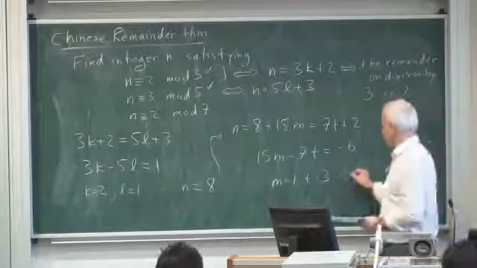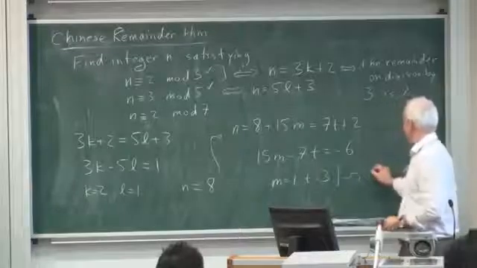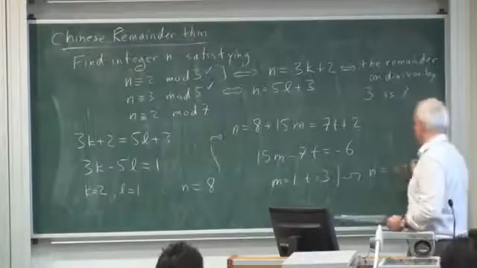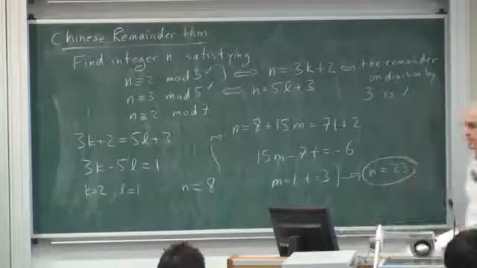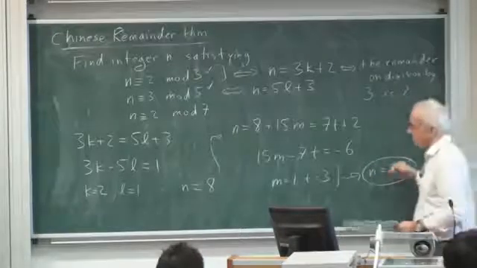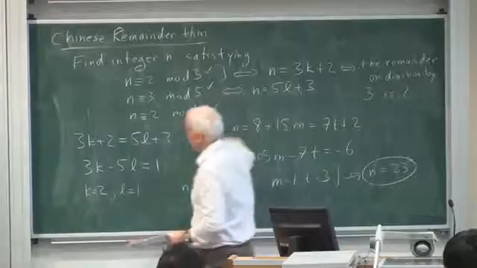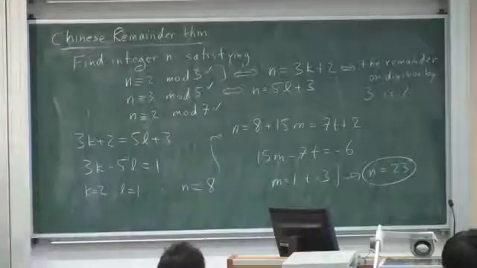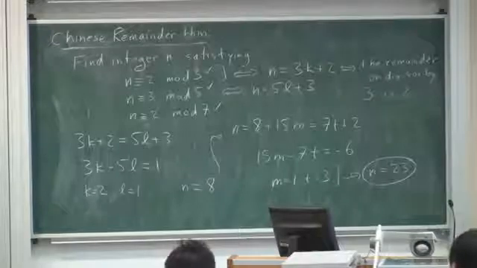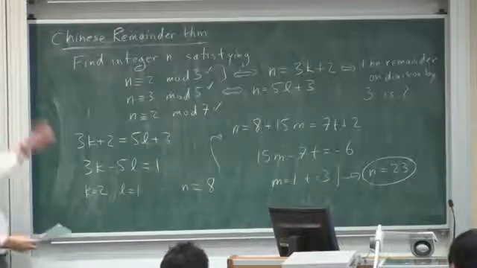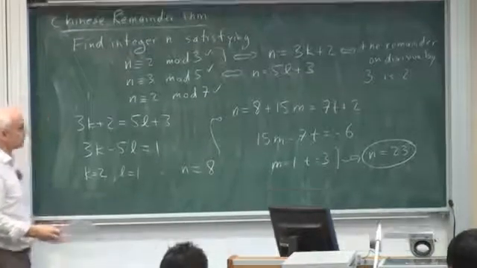And so from this we can sub back into here, and so finally we get that n equals 23. There are actually others, but that's one solution to that system of linear congruences. That's actually found in Sun Tzu's manual.